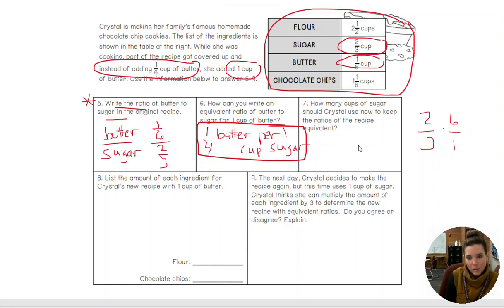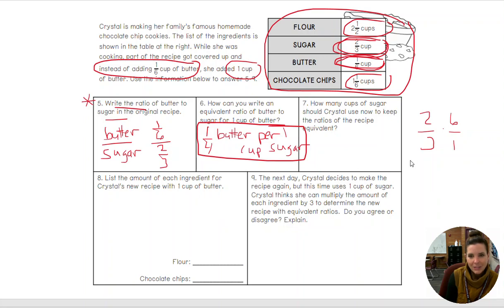Okay, so she should use the 1/4 cup of butter for 1 cup of sugar. Because if she already put 6 times the amount of butter in the recipe, that means she's going to have to do 6 times the amount of sugar so that it turns out correct. In fact, she's going to have to do 6 times all of these ingredients in order for it to turn out correctly. And then it says, list the amount of each ingredient for Crystal's new recipe with 1 cup of butter.